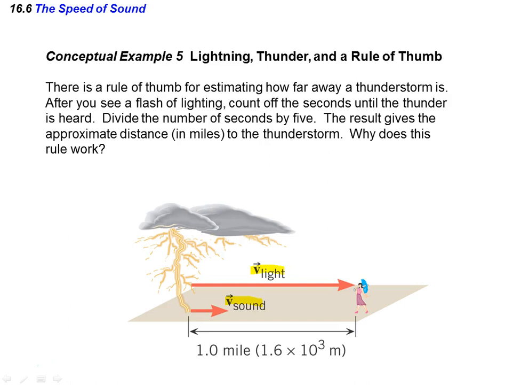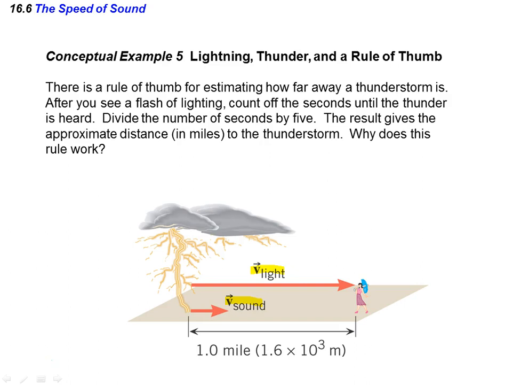The speed of sound, well, on a summer day thunderstorm, maybe it's 350 meters per second. And so if you look at that, the 3 times 10 to the 8th and the 350, the difference between those two is pretty darn close to just 3 times 10 to the 8th, because the 350 is insignificant to 300 million.